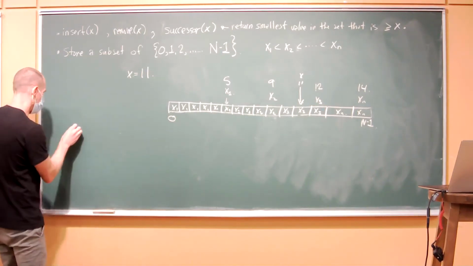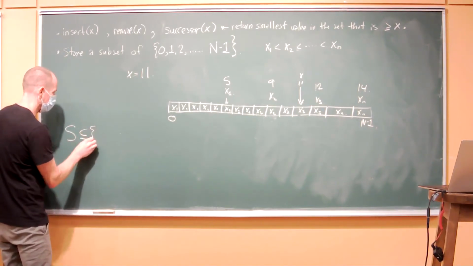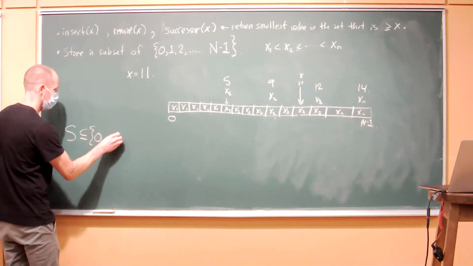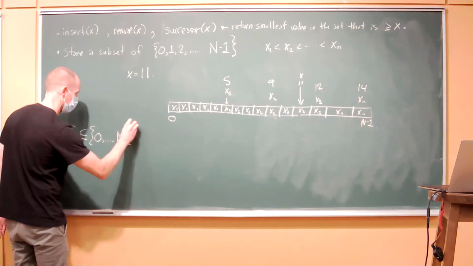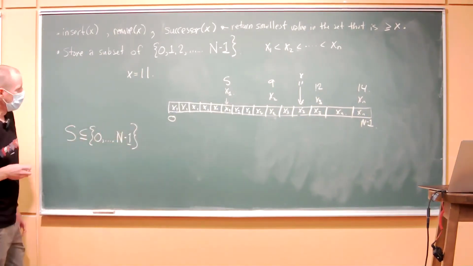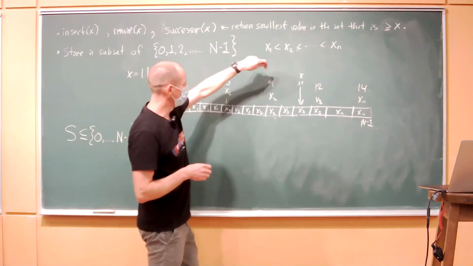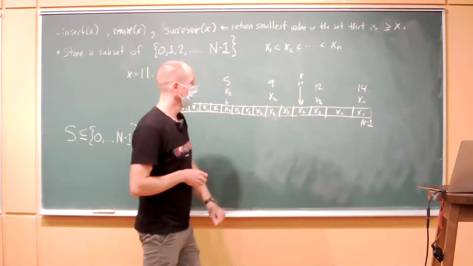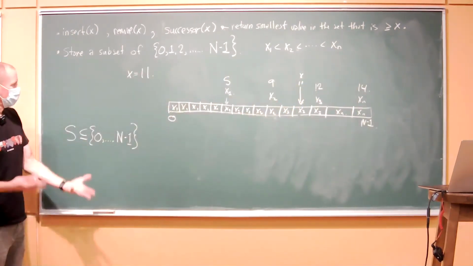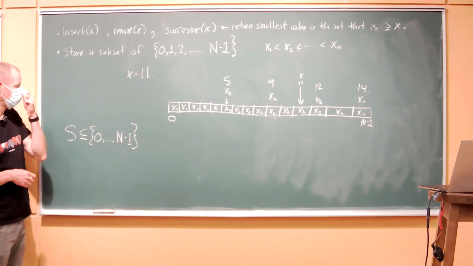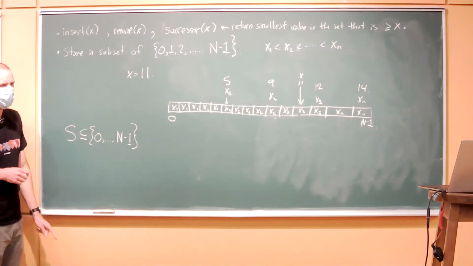So what we're storing is some set S, which is a subset of these integers. In this case, the set S is 5, 9, 12, and 14. And you search for some value. In this case, you search for the value 11.